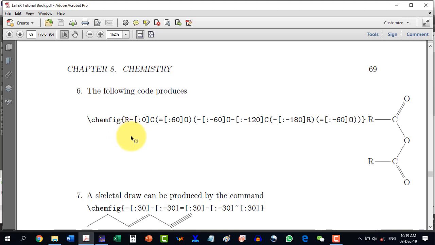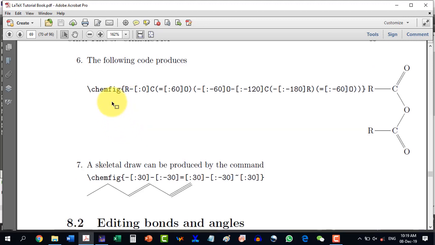Similarly, to produce a structure like this, \chemfig R bonded with C at an angle of 0 degree, and then C is bonded at 60 degree with O, and then it is bonded with 60 degree but minus 60 degree with O, and after this one O is again bonded with 120.